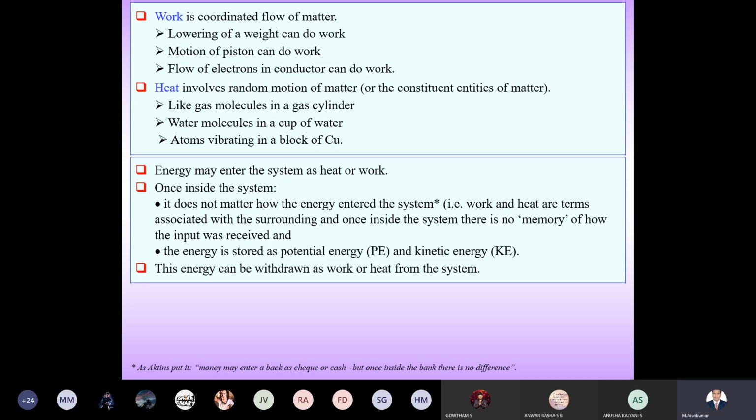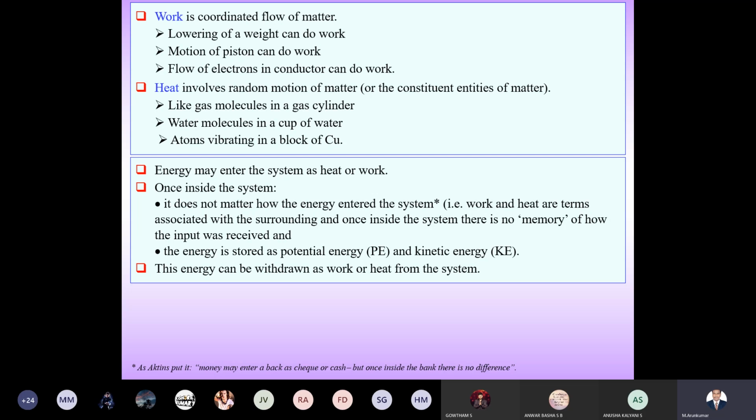Water molecules in a cup of water also we can get heat. Then atoms vibrating in a block of copper. Each and every molecule will vibrate, right? So from copper also you can get heat energy. I can have random motion of matter. So this random motion of matter will give you the heat.